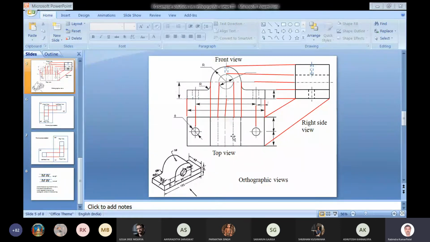So we can draw two dashed lines. And the red lines are shown for the construction of our projection lines. We can see corresponding to which place we are drawing which line. So these views are related to this object.